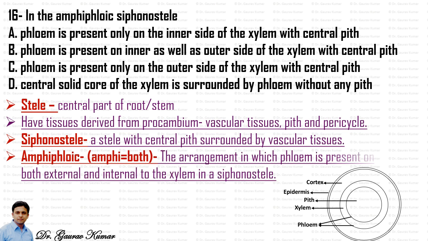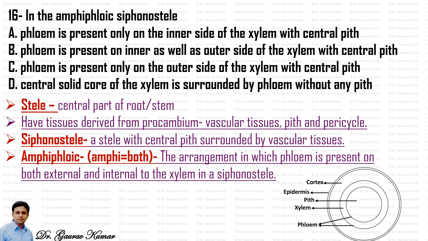And amphiphloic, now this word amphi means both, so if you just know the literal meaning of the word amphi, you can easily take the right answer. That is, the phloem is present on both sides of the xylem. So let's see what amphiphloic siphonostele means. The amphiphloic siphonostele is a siphonostele in which phloem is present on both the external and internal sides of the xylem.